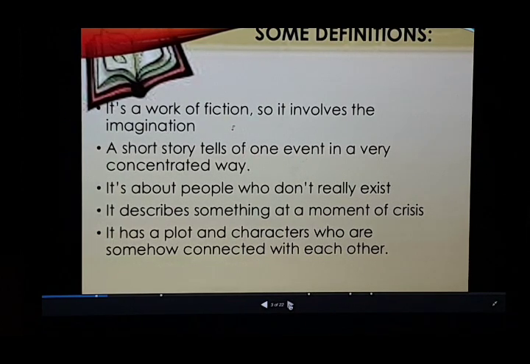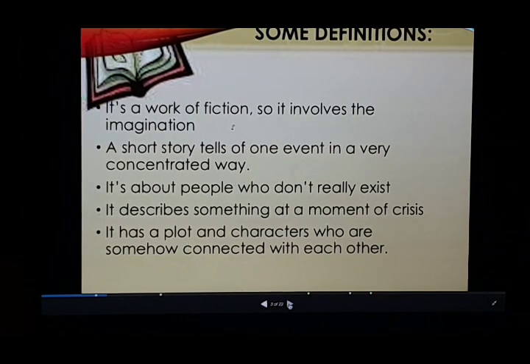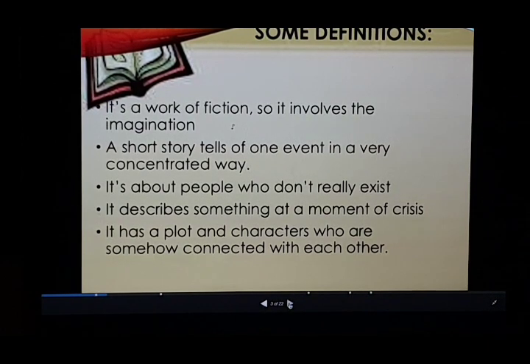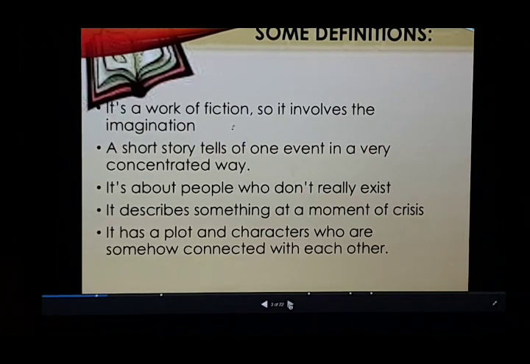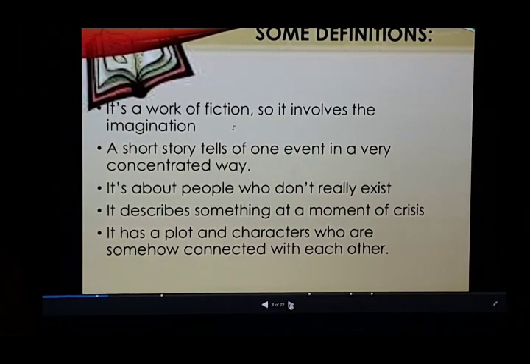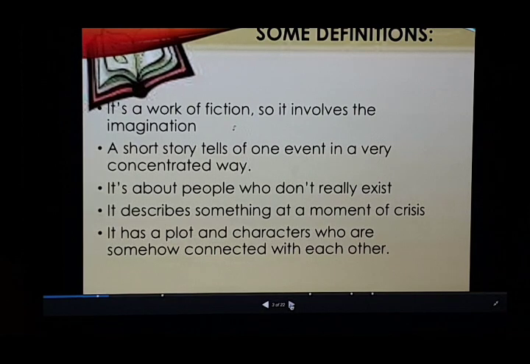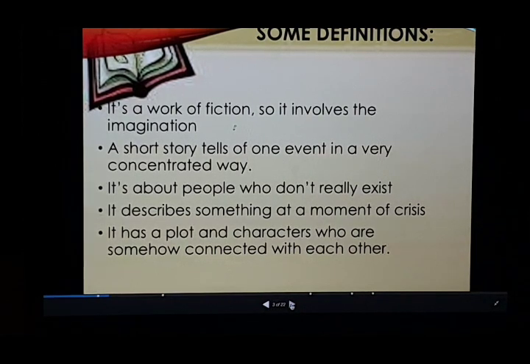And a short story can tell of one event in a very concentrated way. That means it is based on one event or one situation. We are revolving around one situation in the whole thing, and it's about people who don't really exist. Why? Because it is a work of fiction.